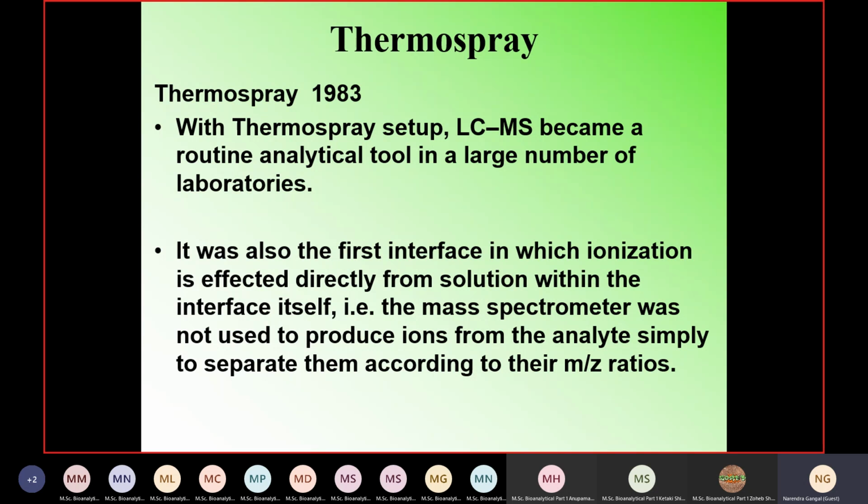So I need my interface to work such that it should not overload a large quantity of liquid or gas onto the mass spectrometer. That is another requirement. So that is why it was a very difficult proposition to interface the liquid chromatography to the mass spectrometer.